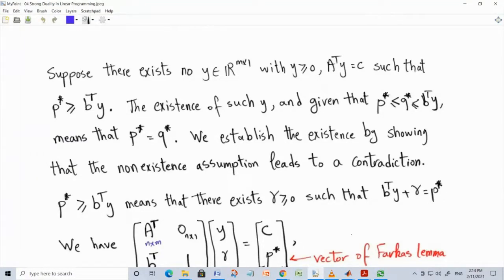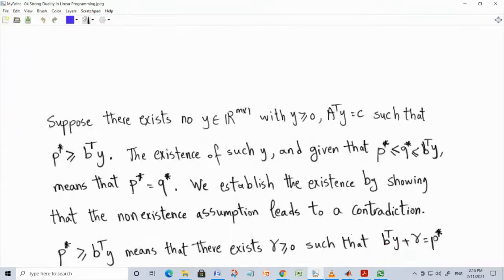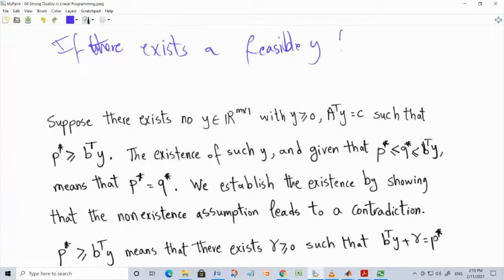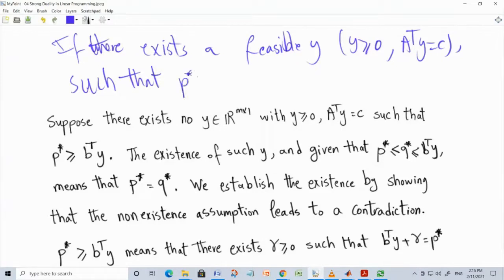Okay, so here is the trick. If we are able to show that there exists a feasible Y, which means Y has non-negative components and A transpose Y is equal to C, such that P star is greater than or equal to B transpose Y, we are done.